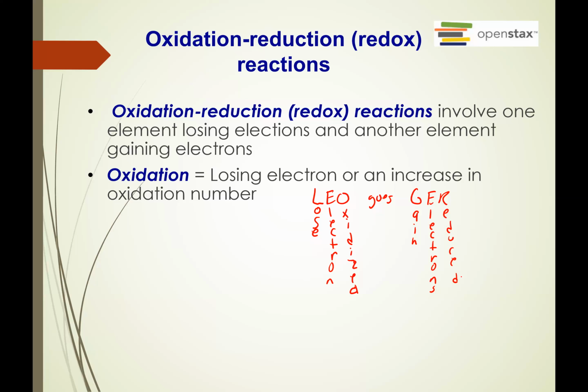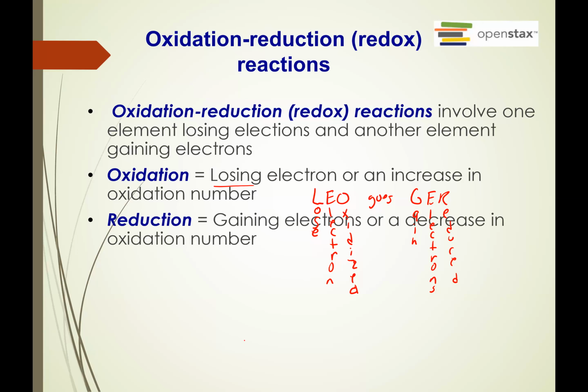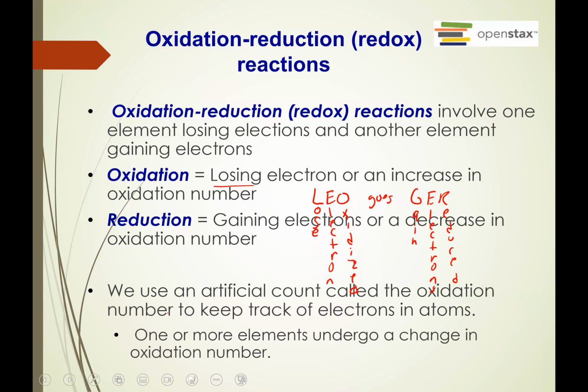So Leo goes Ger. Oxidation is losing electrons or an increase in oxidation number. We're going to talk about those in a second. Reduction is gaining electrons or decreasing the oxidation number. In order to keep track of these electrons, we use oxidation numbers. They're not actually charges.